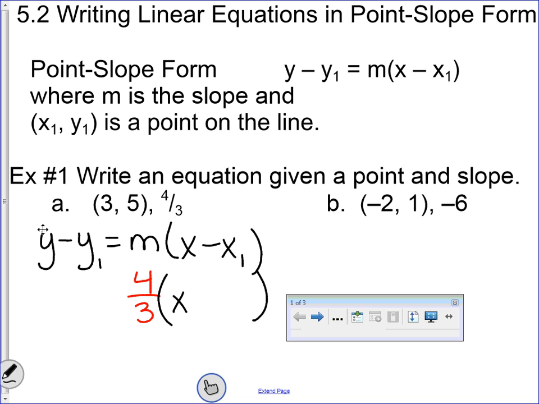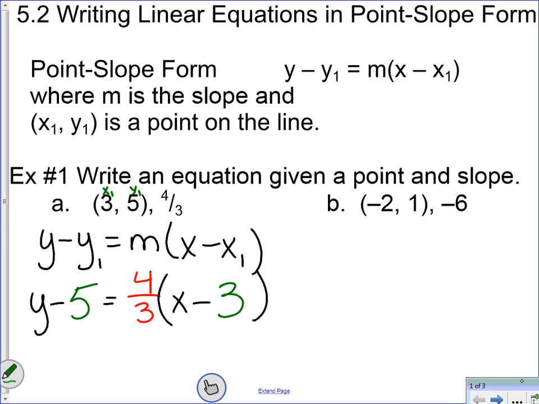And my points will go in after the minus sign in the x and after the minus sign in the y. So the first one is x1, the second one is y1. So I'm going to put a 5 behind the y and a 3 behind the minus x. Now this is in point-slope form. Now we'll leave it that way until we go over the next two problems.